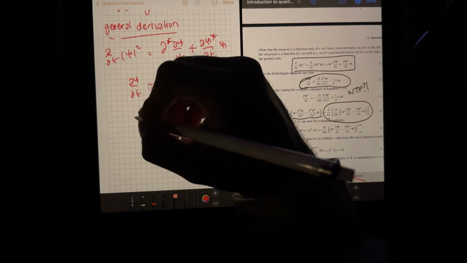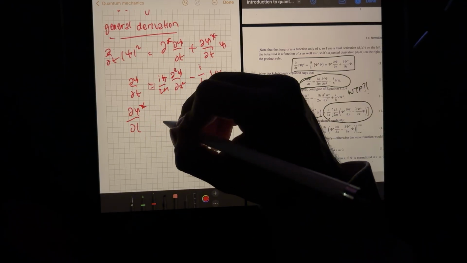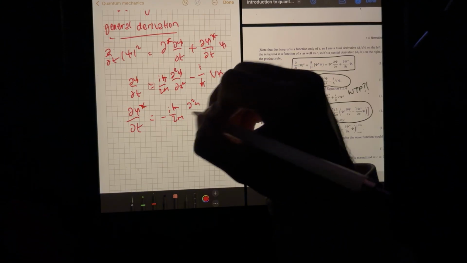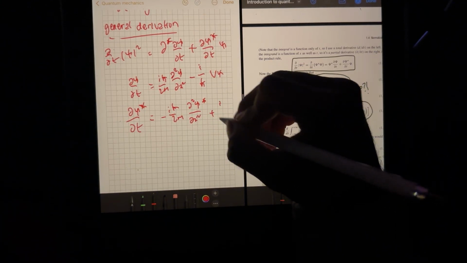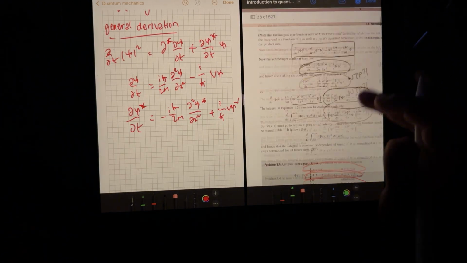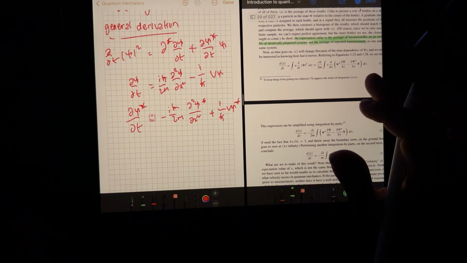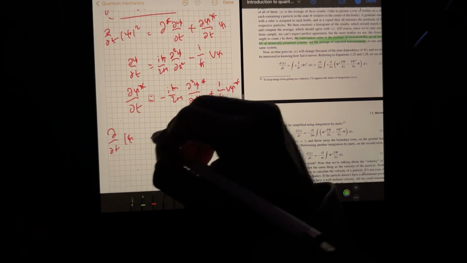And if I do the conjugate of it, ∂psi conjugate/∂t is minus iħ/2m ∂²psi conjugate/∂x² plus i/ħ V psi conjugate.